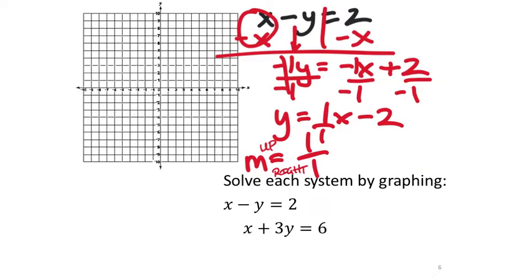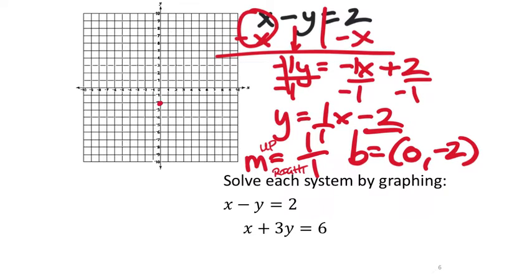Up 1, to the right 1. And then I need my y-intercept, which is just that negative 2 right there. But remember, it's an ordered pair, so make sure it's 0, negative 2. I put this ordered pair first on the graph, and then I'll use the slope to find all the other points. All right, so 0, negative 2 would be right here.